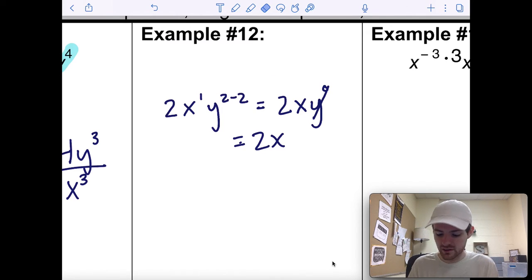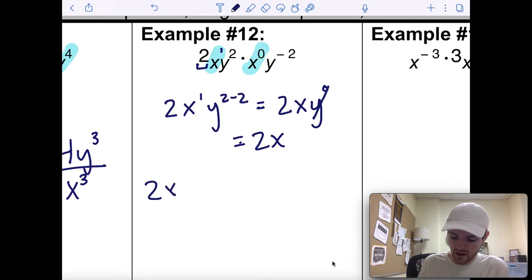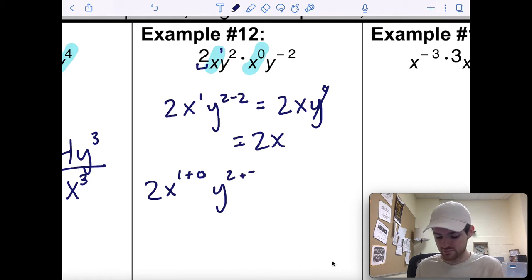The other way to think about it is grouping it by base. So here we have our 2 x's. Here we have x to the power of 1, and then we would add that x to the 0 power. For y, we would have 2, plus a -2.